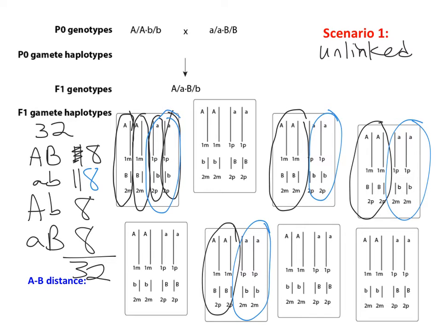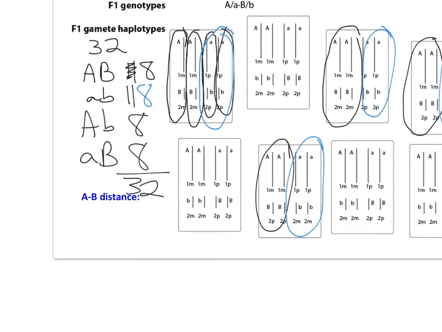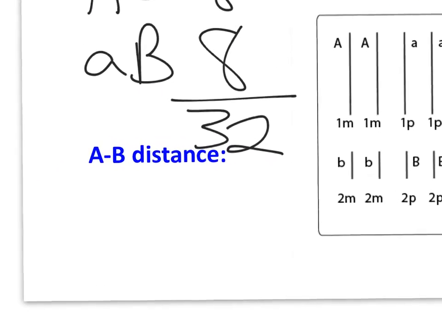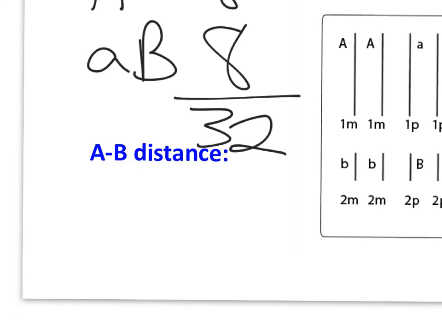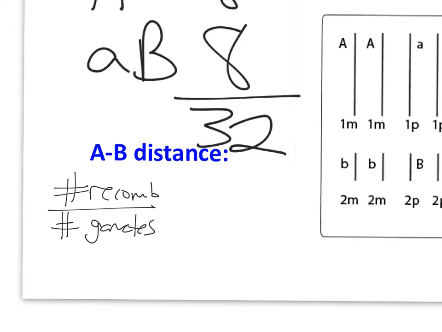But what's the genetic distance between A and B? How do we calculate that? What's the formula? Number of recombinants divided by the total number of gametes.